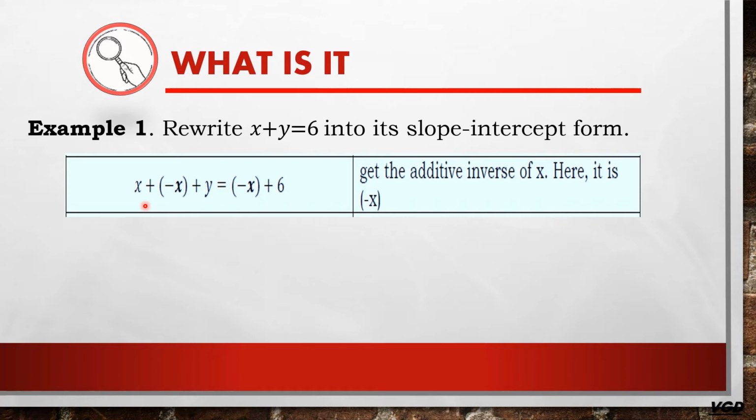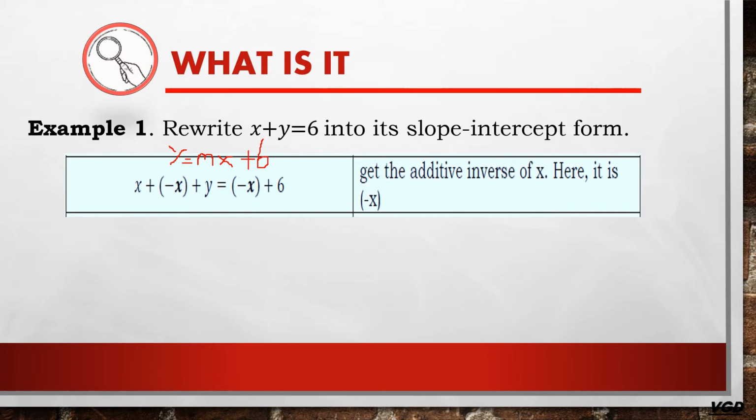So the purpose of that one is for us, ang mahibilin diri sa left side kay si y na lang. Okay, take note, ang atuang slope-intercept form is in the form of y equals mx plus b. So ang atuang goal is mahibilin si y sa left side and mabalhin si mx plus b sa right side.